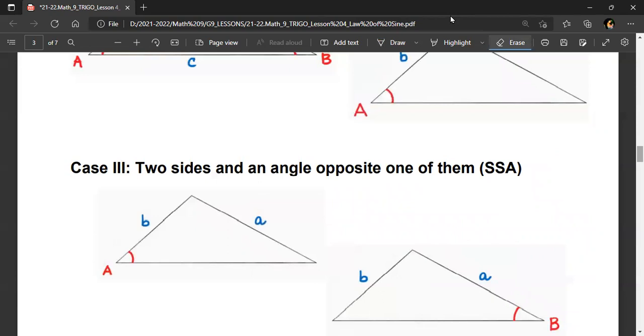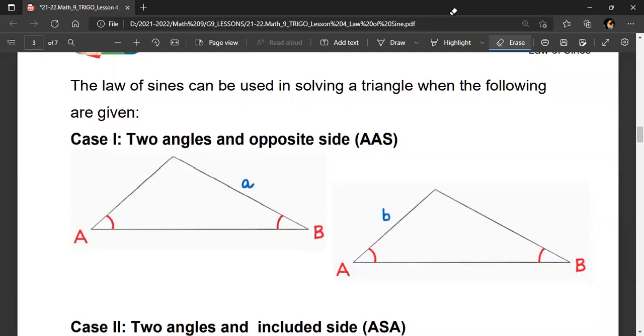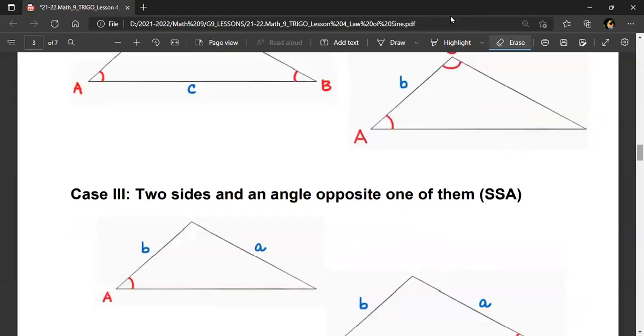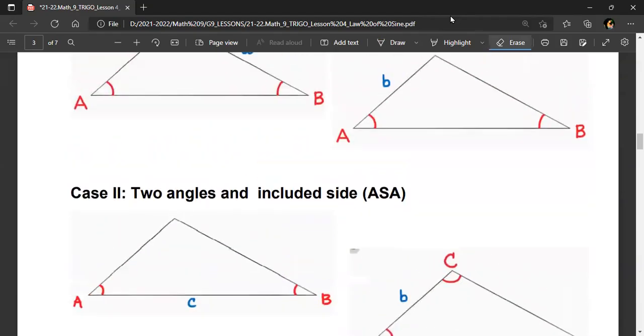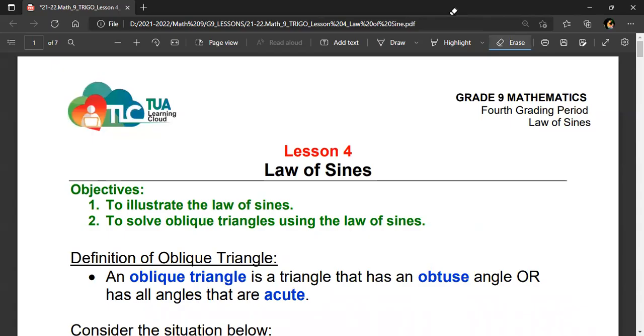It means, in short, when you encounter AAS, ASA, and SSA, the law that you will be using is the law of sines. And that's it for this lesson.